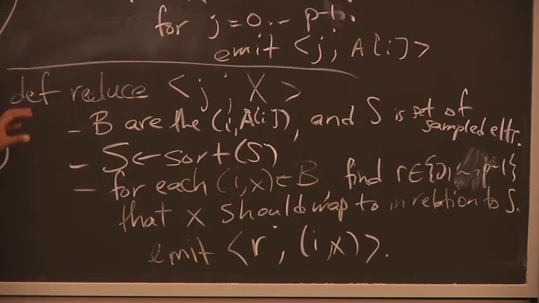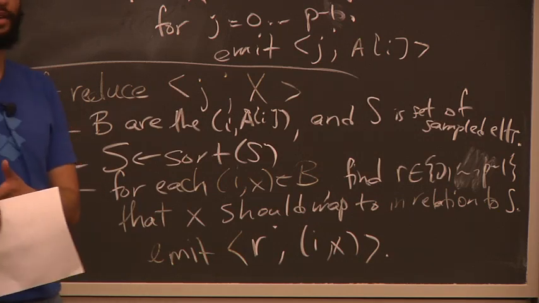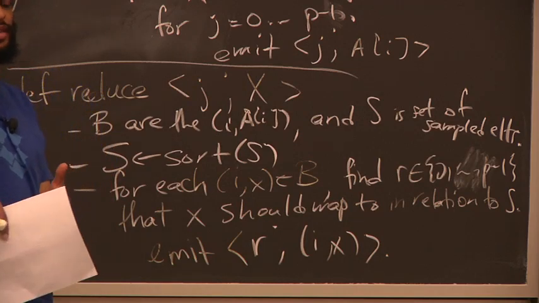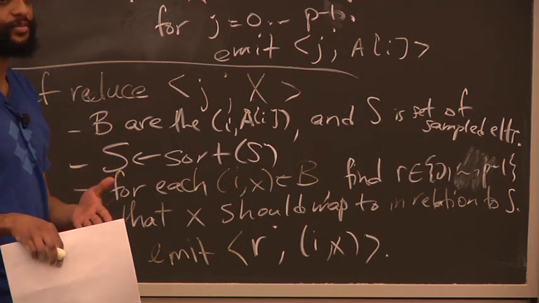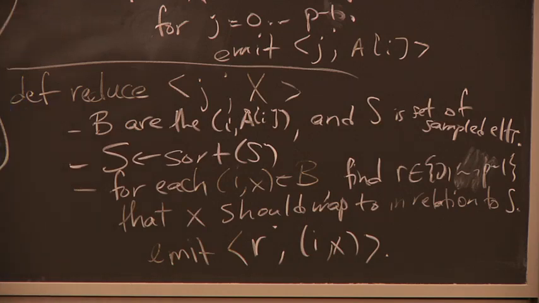One job of the reducer is to find these approximate quantiles in the sorted array. The next job is to take the n over p elements that map to it, compare them to those approximate quantiles, and see roughly where in the sorted order they are. And then map them to the corresponding reducer for round 2.